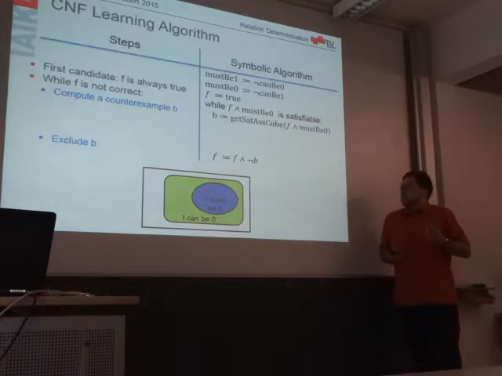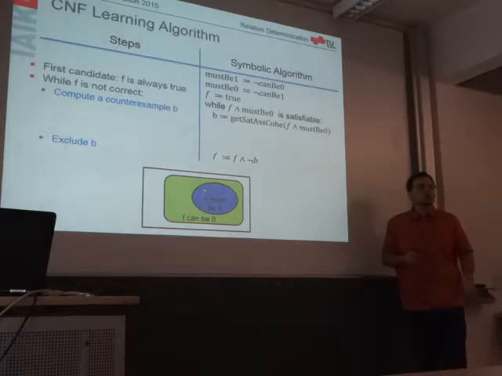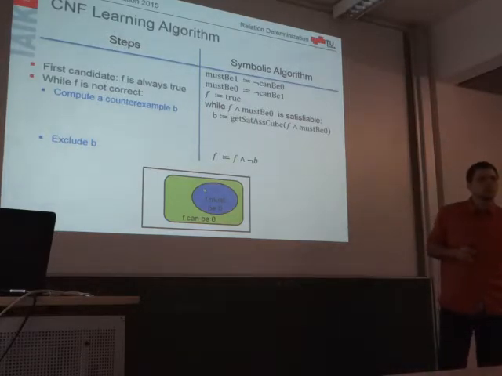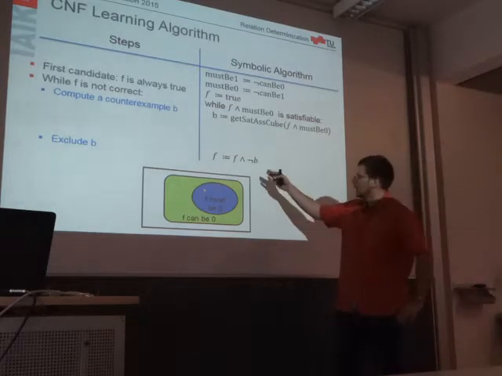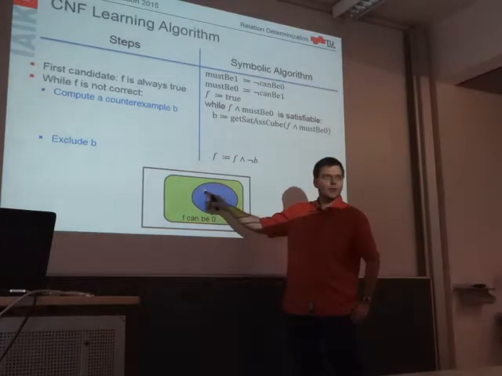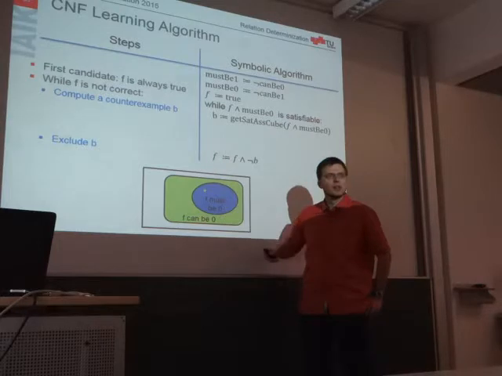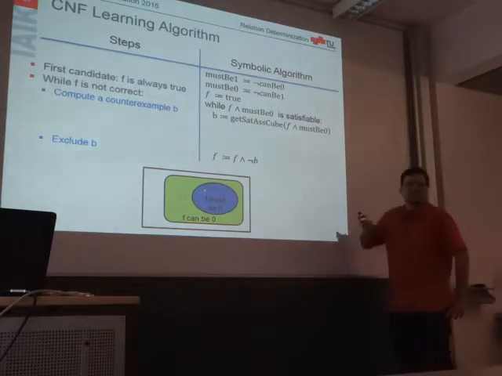Then we change our f, meaning that for this point f will no longer be true, because we said f is true everywhere except what we just picked. And then we again make the intersection between the whole rectangle minus this point and the blue area, which is still an awful lot, so we will just get some other point.